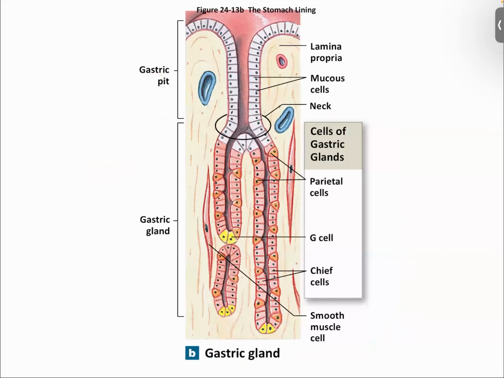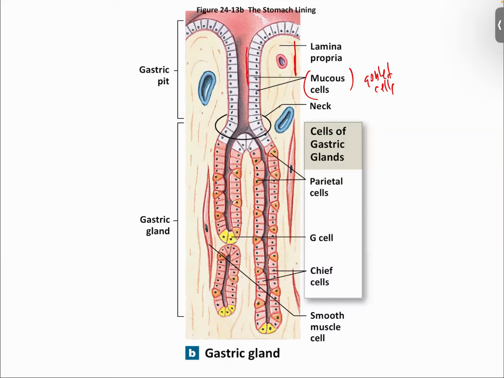But let's take a look at the business end of it. So we zoom in on the gastric pit. This is what it looks like. Up here, you can see these are the mucus producing cells. Here's the lamina propria right in here. The mucus producing cells will create mucus. These will look like goblet cells if you take a look at them closely.